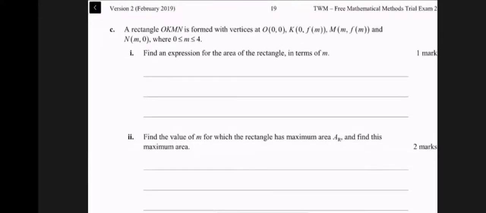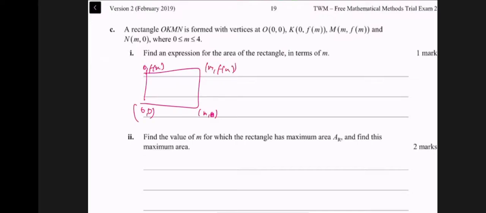So rectangle, find the expression for the area. It always helps to draw a mini diagram. So we have the rectangle 0, 0. It's going to be M, 0. It's going to be 0, f(M). It's going to be M, f(M).